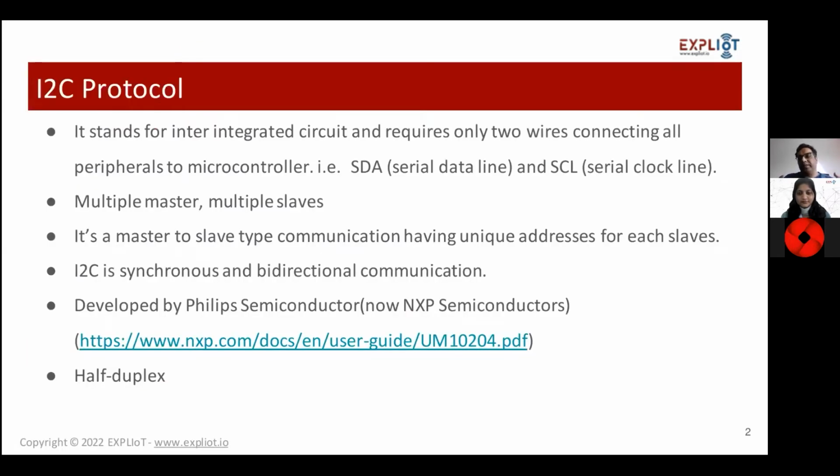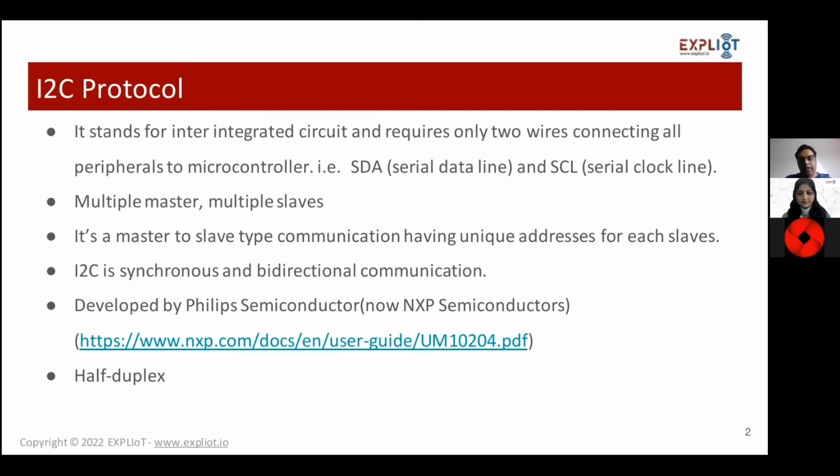So to begin with, this particular I2C protocol, if you have ever come across it, I believe it is one of the protocols which most embedded system engineers face a lot of issues with, whether you're in development or research, because there are many things involved and it's a resource constrained protocol, I feel, compared to other protocols.